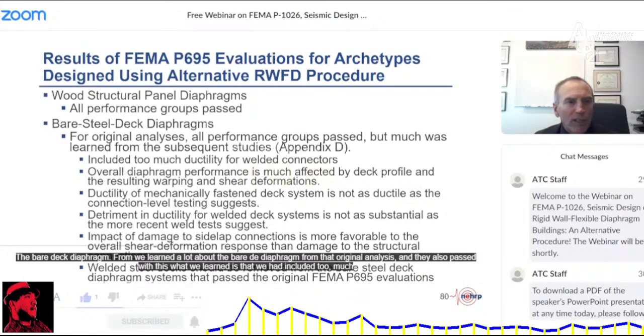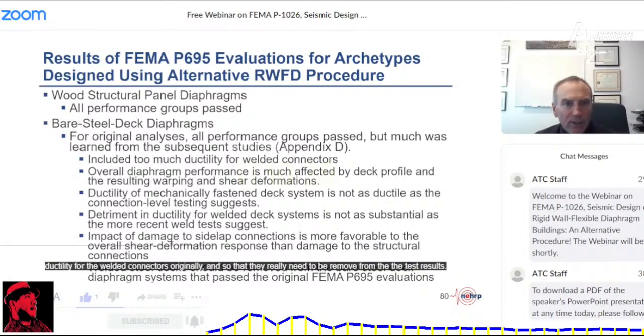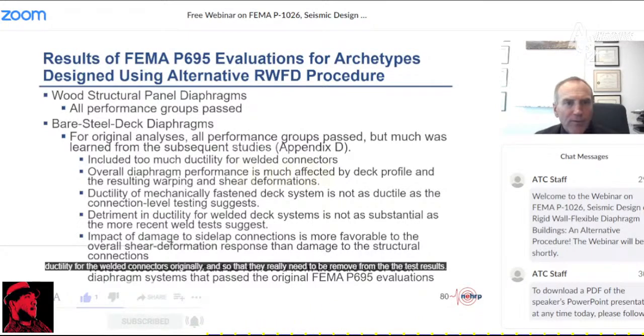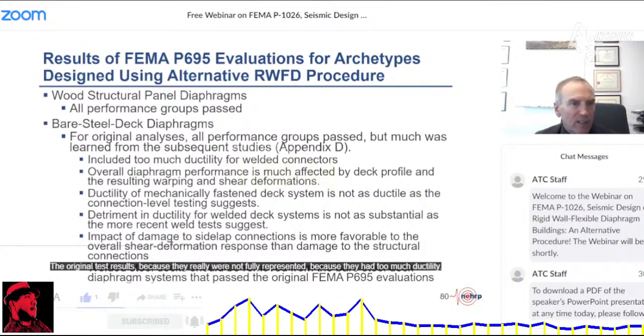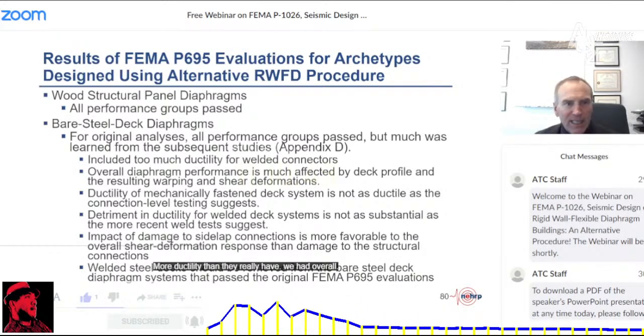What we learned is that we had included too much ductility for the welded connectors originally, so they really need to be removed from the original test results, because they were not fully represented; they had more ductility than they really have.